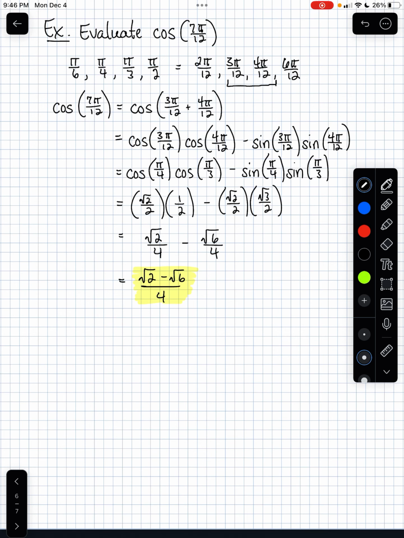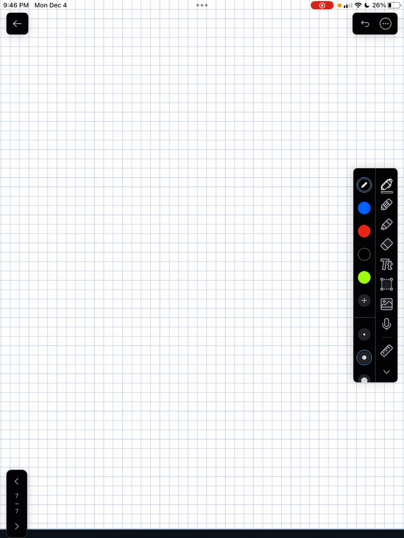Let's try another example. This time we'll do tangent. Now what you're going to see a lot of in this is denominators of 12, because that is a common denominator for all of the common angles, so you will see that fairly often.